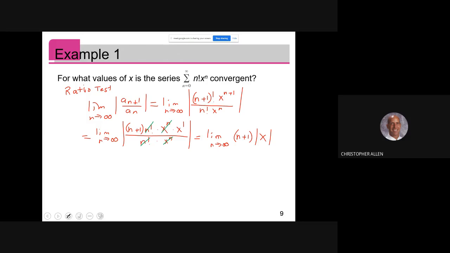So guys, here's my question for you. Is the ratio test true for when the limit is less than 1, or is it just that it's positive and finite? I'm asking you the question. Does anyone in virtual land want to just type something in the chat, maybe more than one person, just so we can get some clarification?